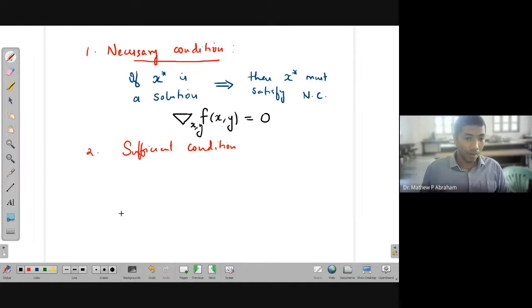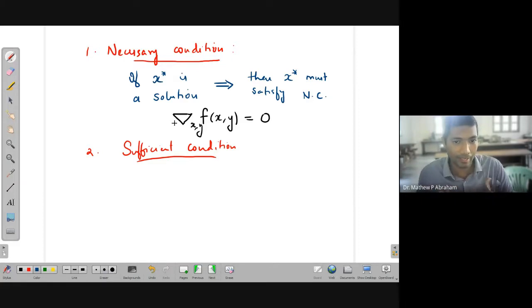Now coming to the sufficient condition, can somebody help me with what the sufficient condition is, similar to this? The necessary condition is: if x star is a solution, then it must satisfy the necessary condition.